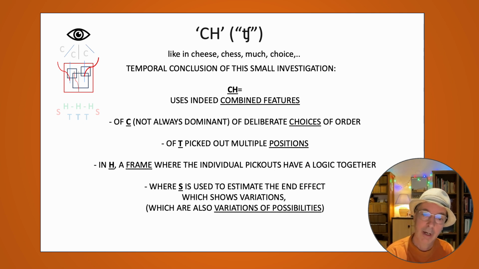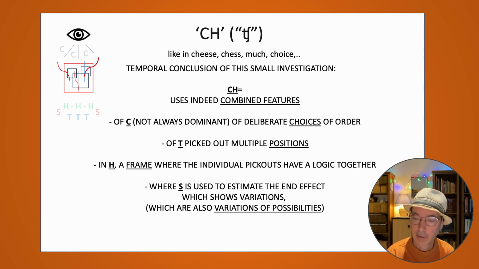With the T, you pick out not just the position, and that's a bit different from usual, with T it is multiple positions, not in just one framework, but with individual pickouts that have and show some logic together. The S at the end is then, most of the time in all of these words, used to estimate what kind of effect it has, what kind of variations it has.